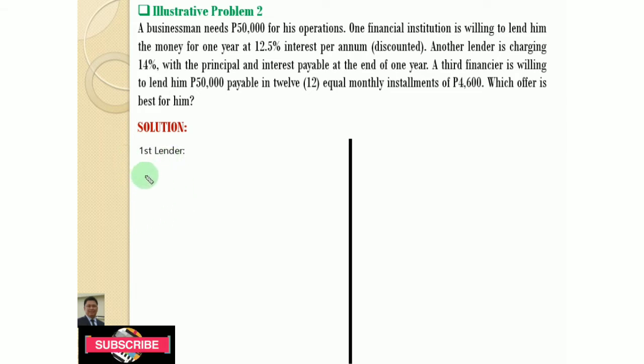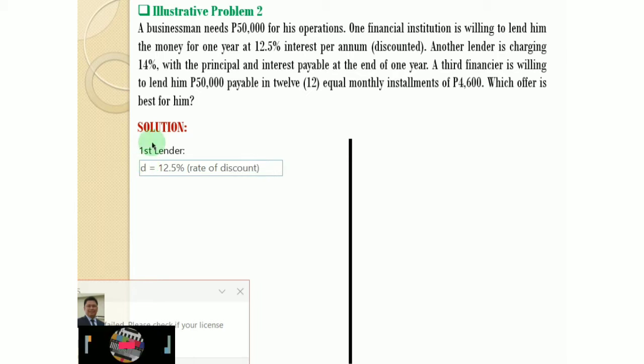So the small d is simply equal to 12.5%, which is the rate of discount actually.